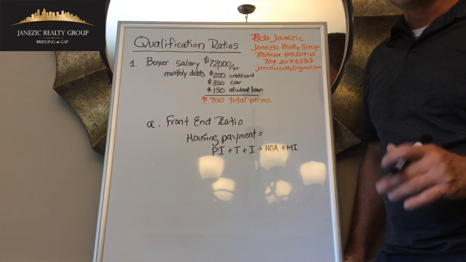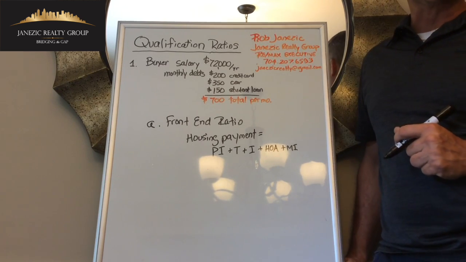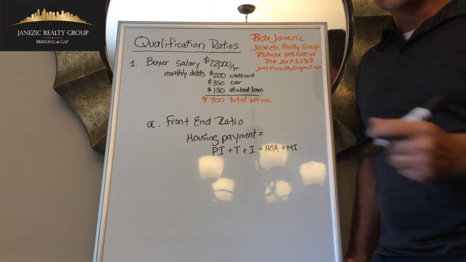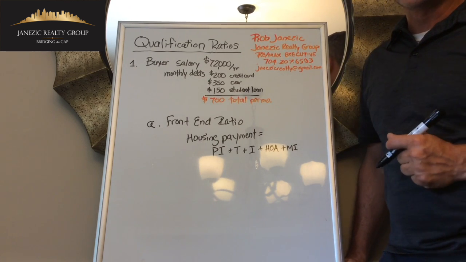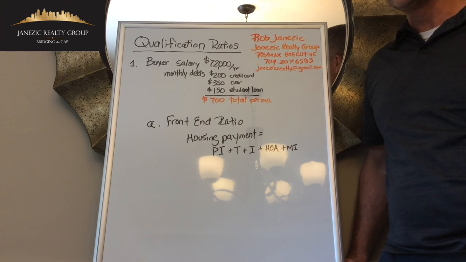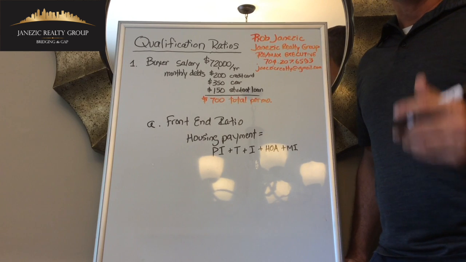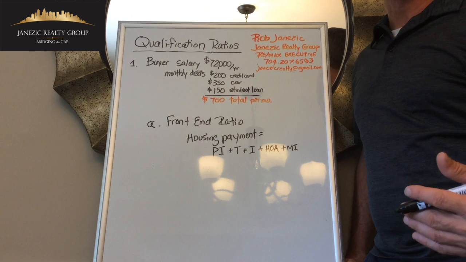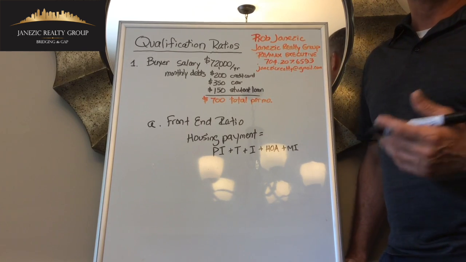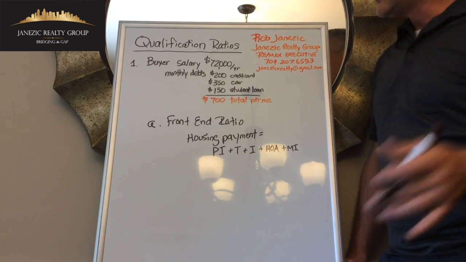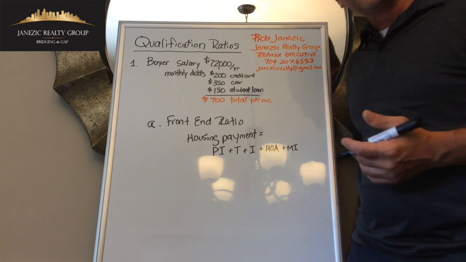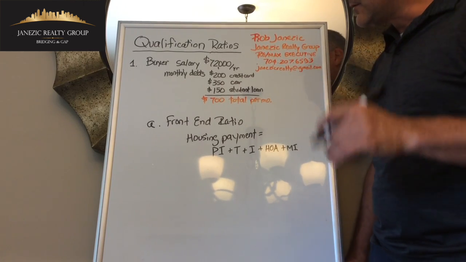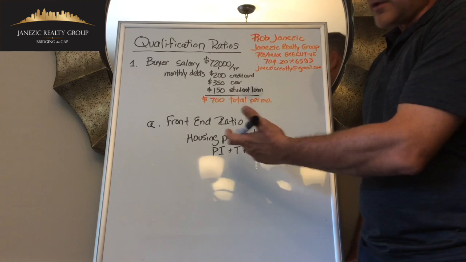If you're borrowing more than 80%, your LTV, loan to value, is more than 80% because you're only putting less than 20% down, well, then they want to be insured for the amount that you're short of your 20%. And that's called mortgage insurance. We'll talk about that in another video about how that might be calculated. But that is your housing payment.